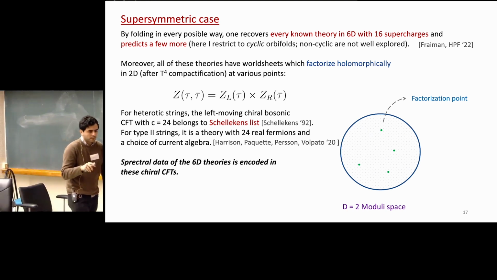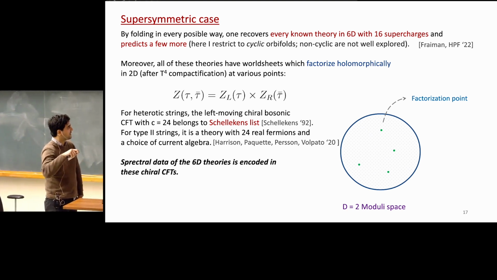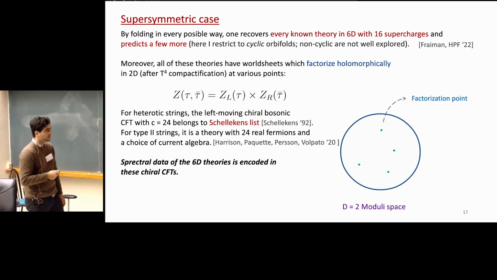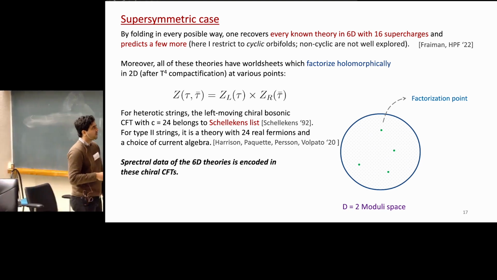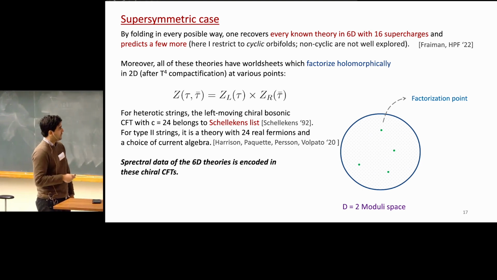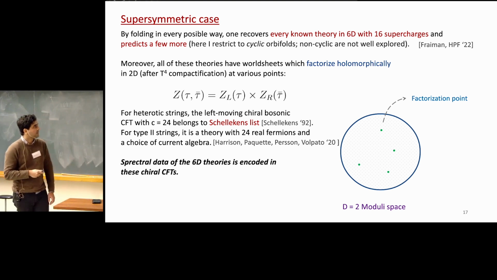Another very important point is that these CFTs are not just some tool to do classifications, they actually encode information about the 6-dimensional theories, and they encode every possible gauge symmetry that you can have in 6 dimensions. So that's an important point. I will explain a bit more about this later on.